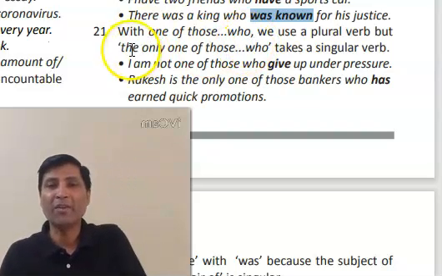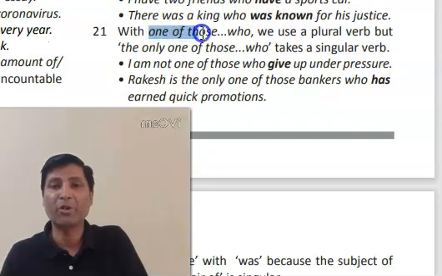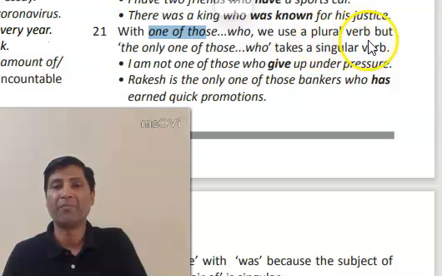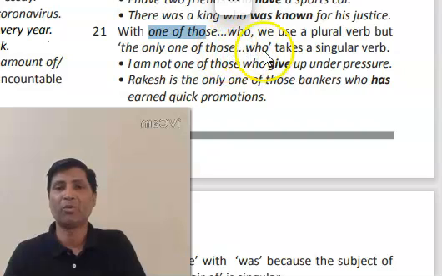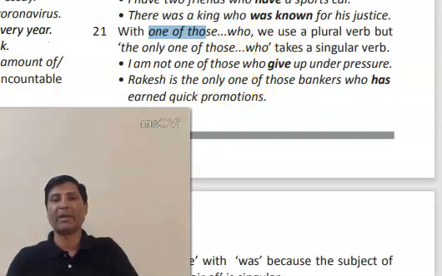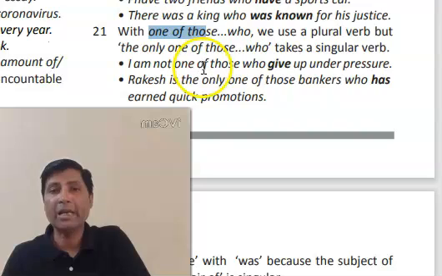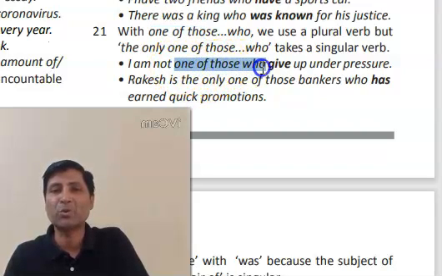Okay, so, with one of those who, we use a plural verb, but with the only one of those who, the verb is singular. Let me explain it with the help of: I am not one of those who give up under pressure. Interesting thing. So here see, one of those.